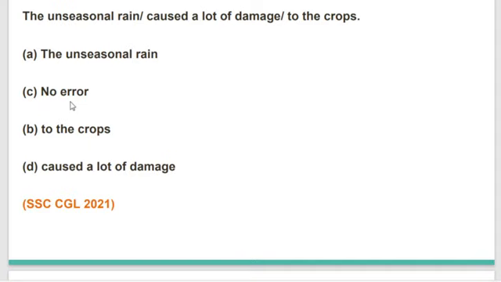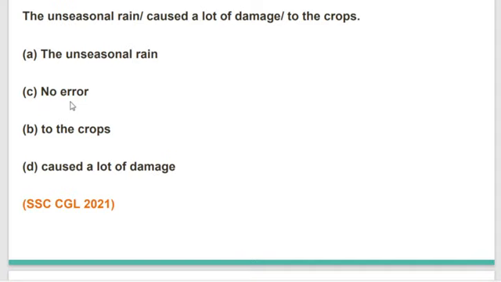The unseasonal rain caused a lot of damage to the crops. SSC CGL 2021's question. Now let's find out where the error is.